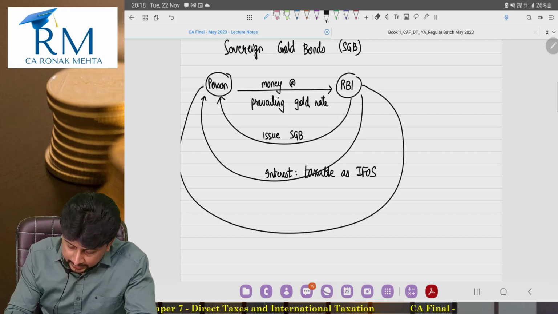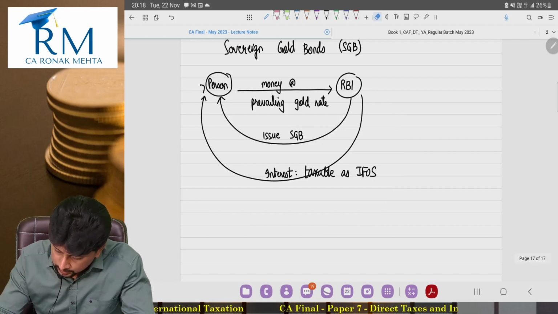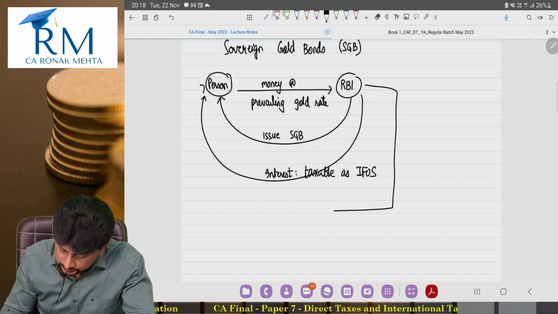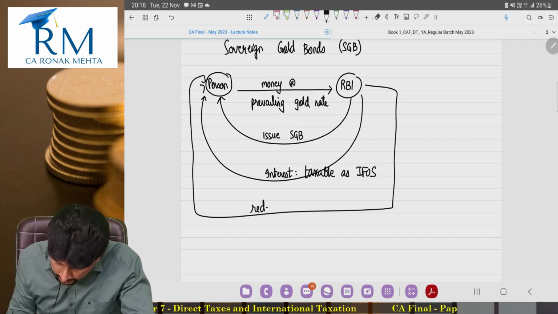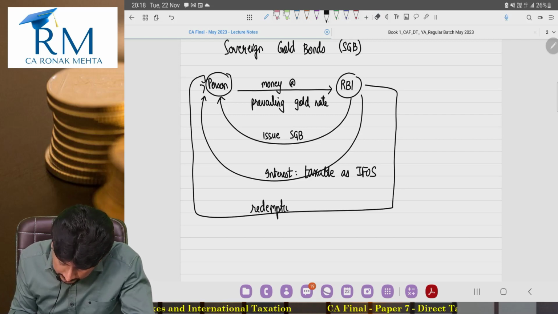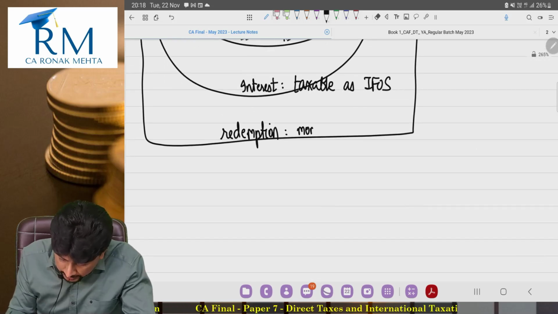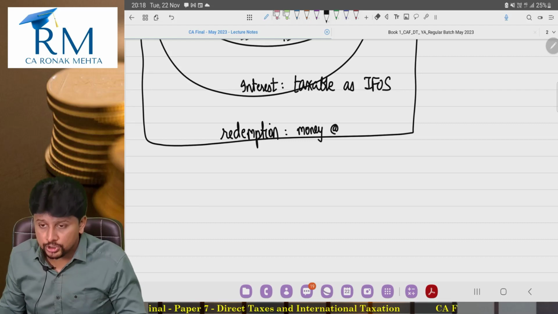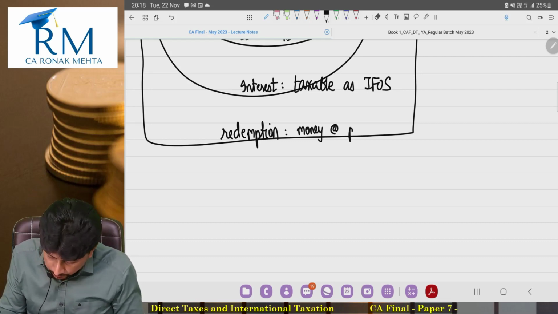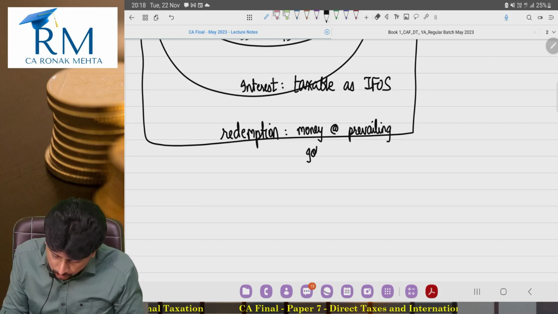But at the end of it, when these sovereign gold bonds will be redeemed, at the time of redemption, you will get money at the prevailing gold rate.